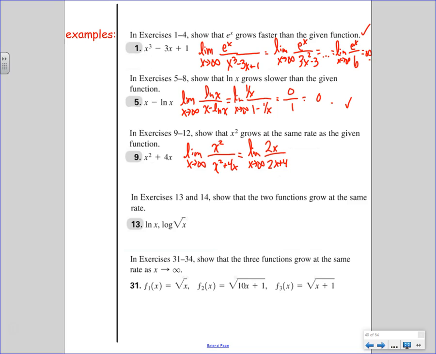Should be a constant. If you go to L'Hopital's again, aren't you going to get 1? They're the same sign. Has to be a constant, right? It could be any constant.